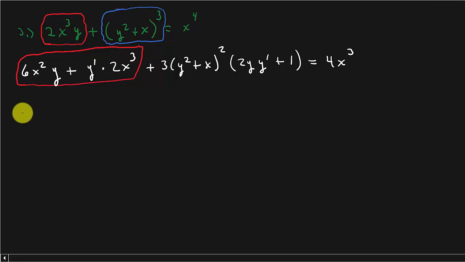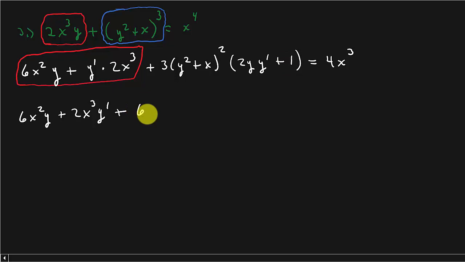All right, so let's go 6x squared y plus 2x cubed y prime. Now, what I'm going to do here, you see the 3 times y squared plus x squared, I'm going to distribute it to each one of those terms in there.